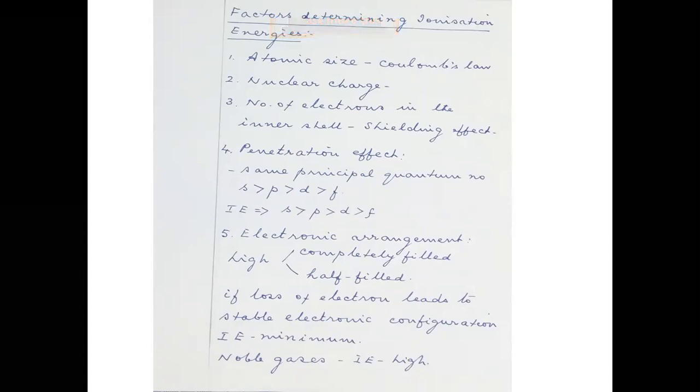And the second factor is the nuclear charge. If the nuclear charge is higher, it effectively attracts the electron. Therefore, the second factor determining the ionization energy is the nuclear charge. Third one, the number of electrons in the inner shell, which we call the shielding effect or screening effect.